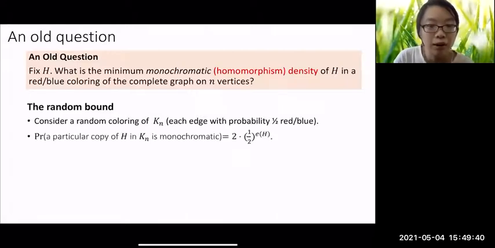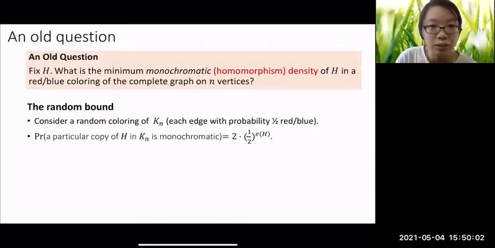Therefore, we can compute the probability that a particular copy of H in Kn is monochromatic: we have 2 because we have 2 colors, and all those edges have the same color, so we have 2 times (1/2) to the e(H).